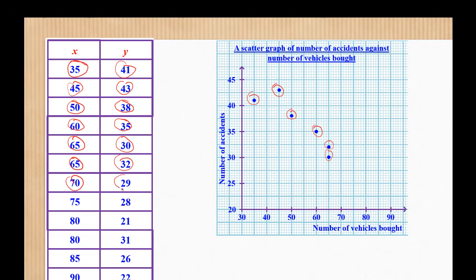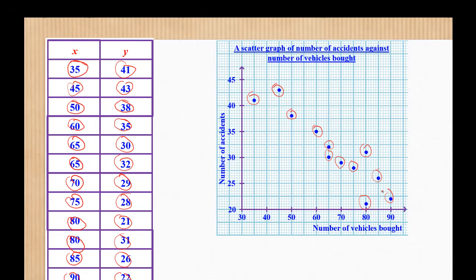X is 70, y is 29. X is 75, y is 28. X is 80, y is 21. X is 80, y is 31. X is 85, y is 26. X is 90, y is 22.